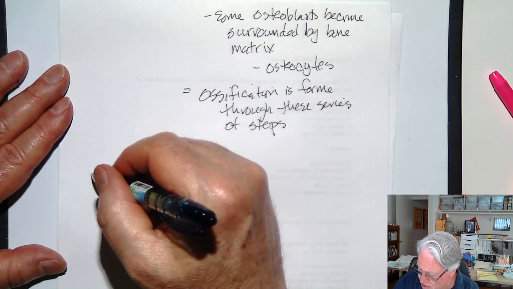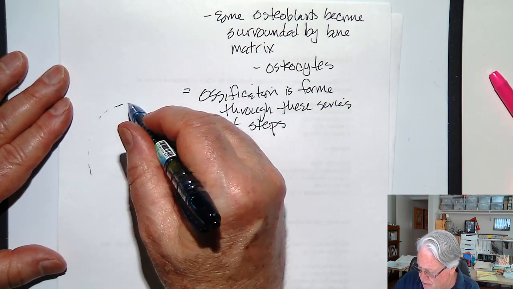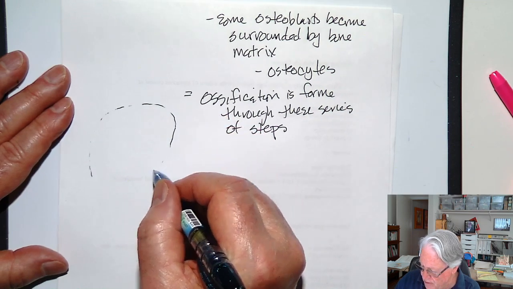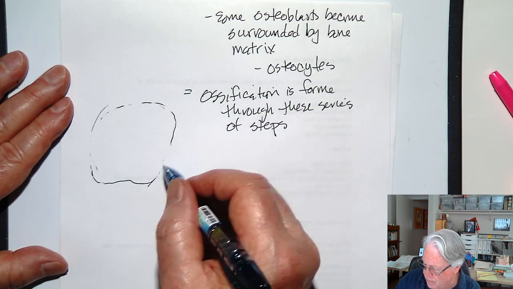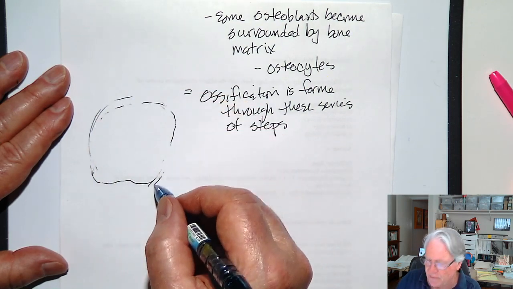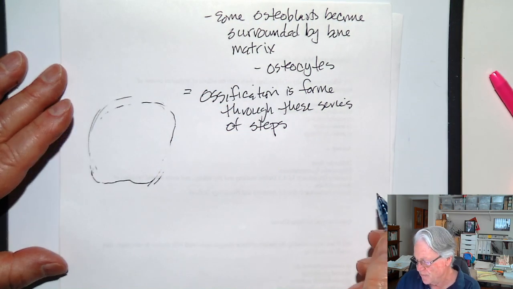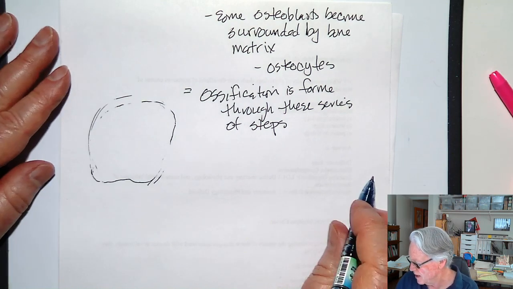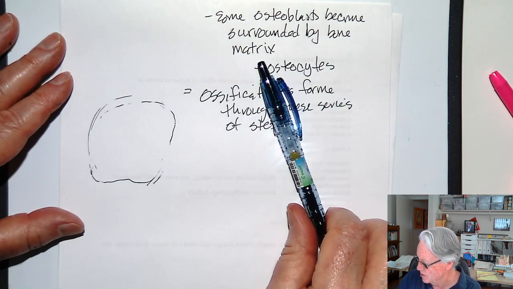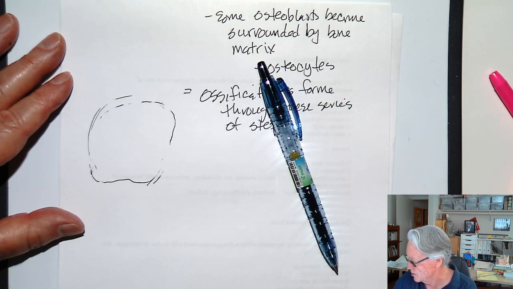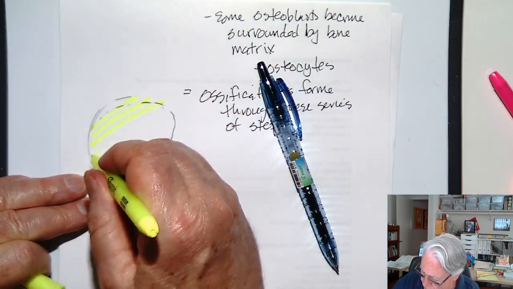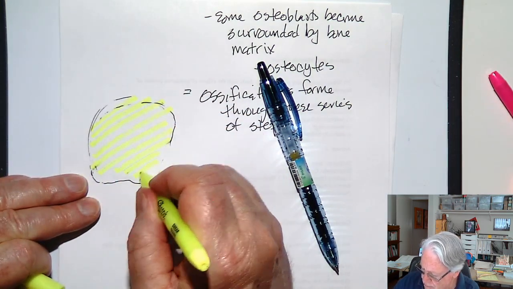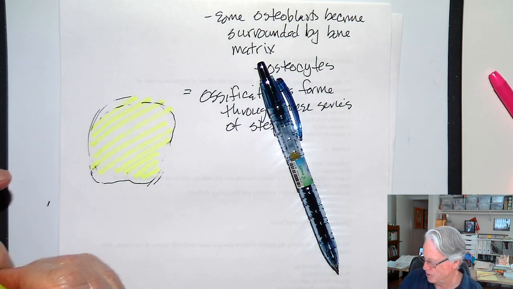So this is the posterior view of the occipital bone. Very small, of course. Not an adult size. So this is basically what you're seeing here, and let's just do this in yellow, is the fibrous connective tissue. So that is our fibrous connective tissue.